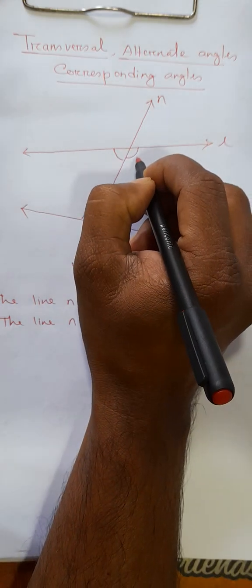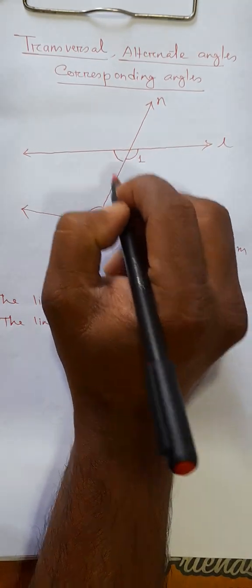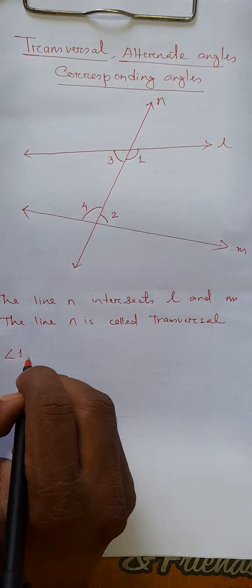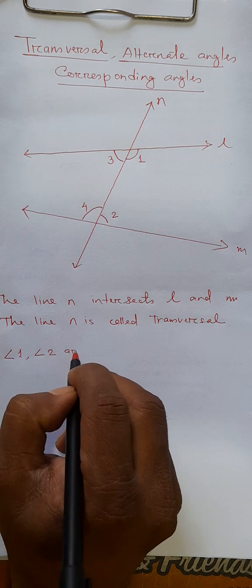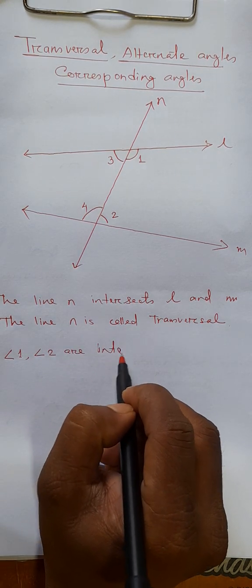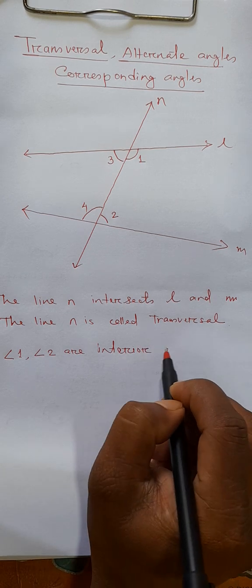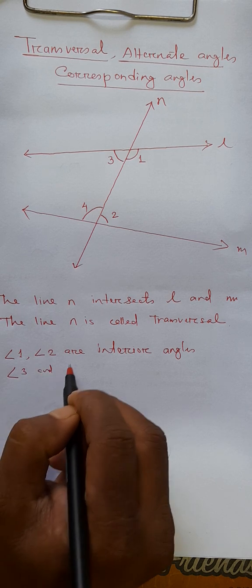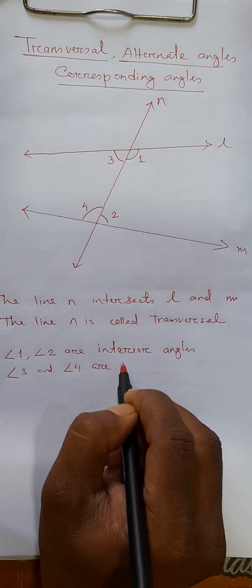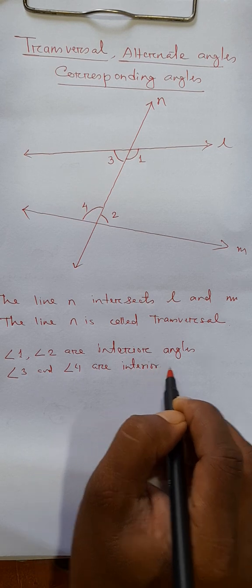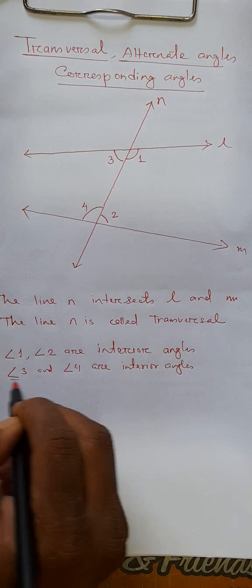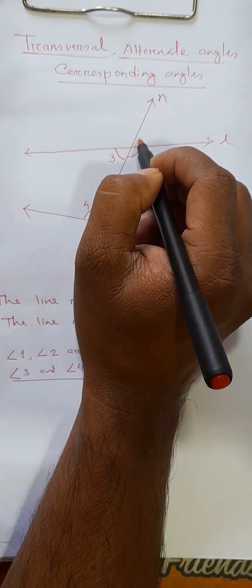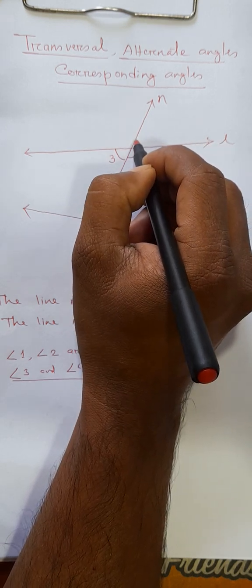So let us name these angles. Suppose this is 1, this is 2, 3 and 4. So angle 1 and angle 2 are interior angles. Similarly, angle 3 and angle 4 are interior angles. Now this angle is obviously exterior, it is outside.